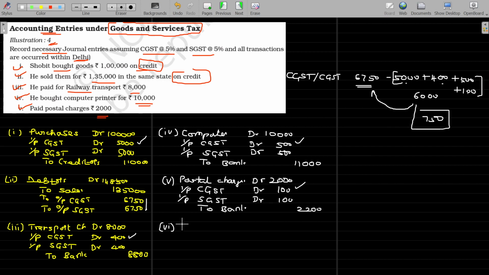So this credit balance is now debited on payment. Output CGST account debit, output SGST account debit. Output CGST in total 6,750. Output SGST is also usually the same value, right? So 6,750. This will be first offset with the input GST you have.